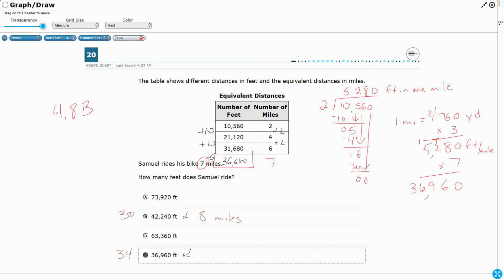And so that really didn't help them because we had almost as many students choose B as D. And then 63 is the next closest. Not sure how they're getting that.